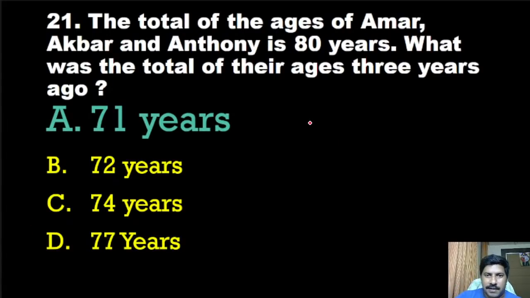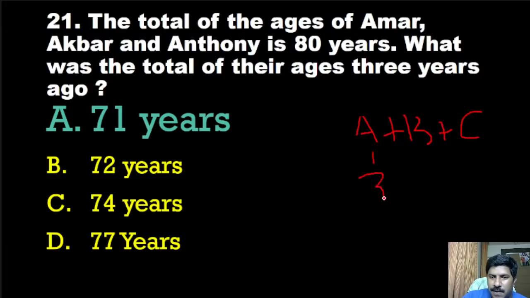So the 3 members, Amar, A plus B plus C, that is 80 years. So before 3 years, minus A's age 3 years, minus B's age 3 years and minus C's age 3 years.